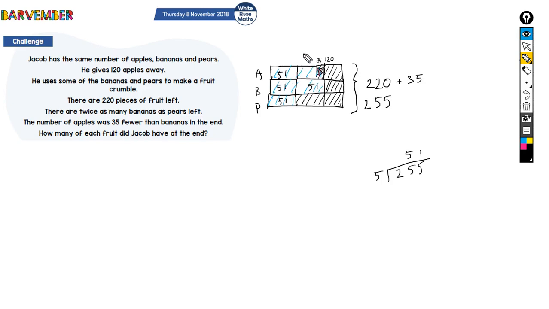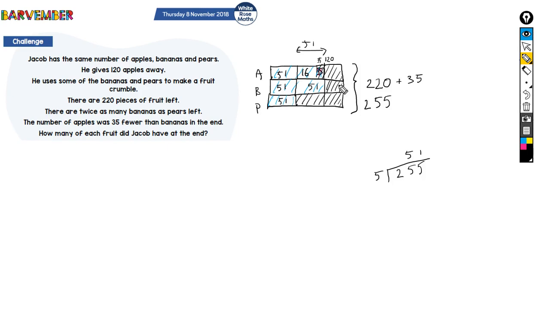And this is 51, including this 35. So 51 subtract 35 is going to give me 16. So that bit there is 16, that bit there is 35. Now I know that these aren't the same size, this ought to be much bigger than this bit, but that doesn't matter. It's just my aid to visualizing what's happening.